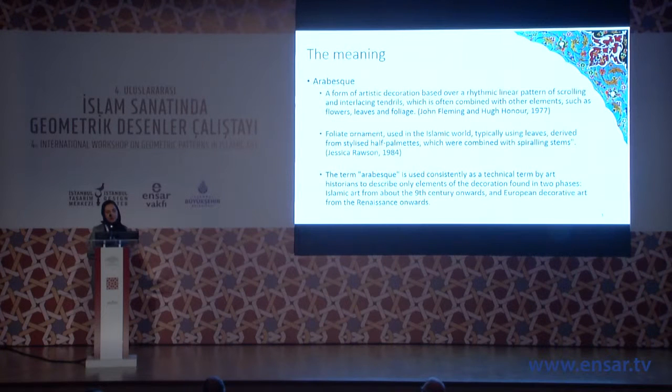This first definition was given by John Fleming and Hugh Honour in 1977. Jessica Rawson is another art historian who works on the interaction of Chinese art and Iranian art, and when they were merged together during the Ilkhanid period in Iran, because the Mongols arrived and brought their own art, and it was mixed with the Persian art of the Islamic era.